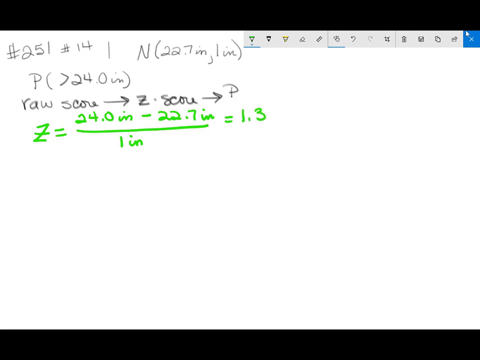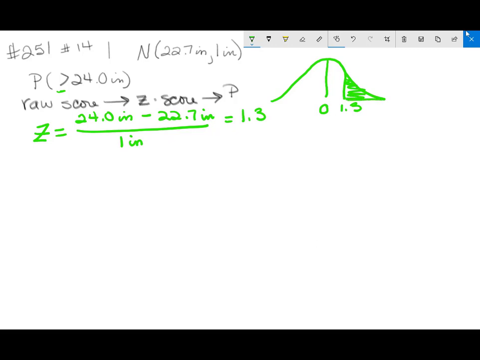When I do that, I get 1.3. Now I'm going to draw my distribution. For my z-score the mean is 0, and 1.3 is going to be above that. They wanted to know greater than, so I want this area that's above 1.3.